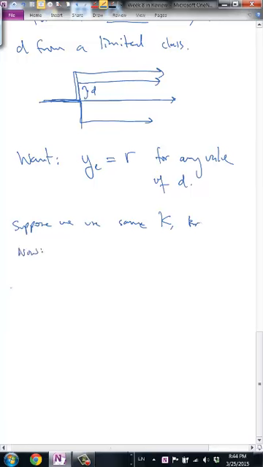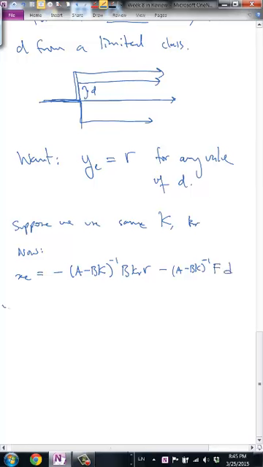Well, now we'll have XE is equal to, I'm skipping some steps, but you can go and fill them back in, (A minus BK) inverse times BKR R minus (A minus BK) inverse times FD.